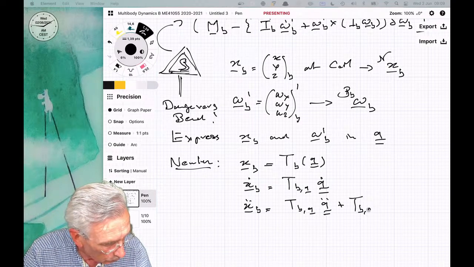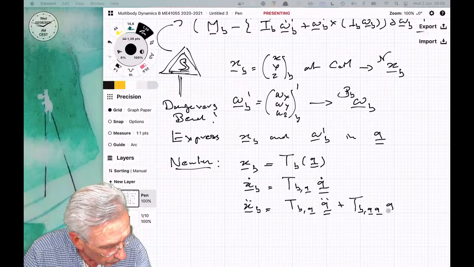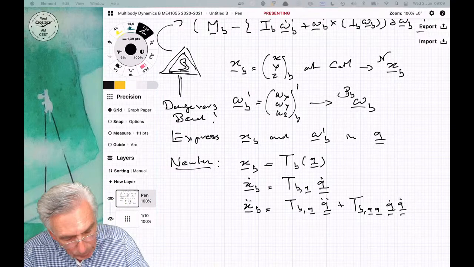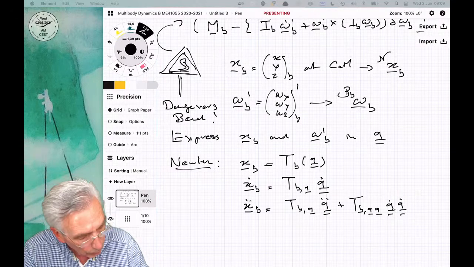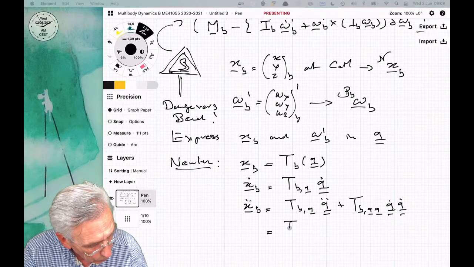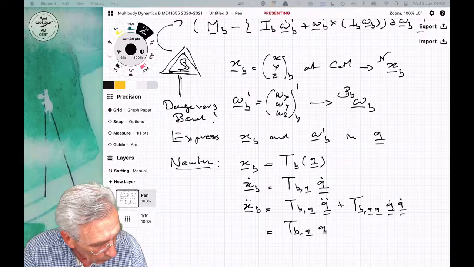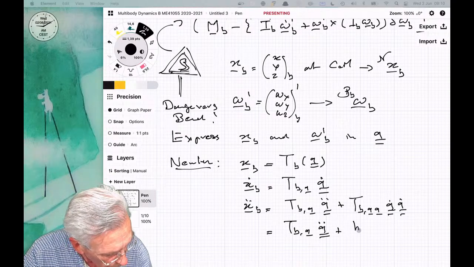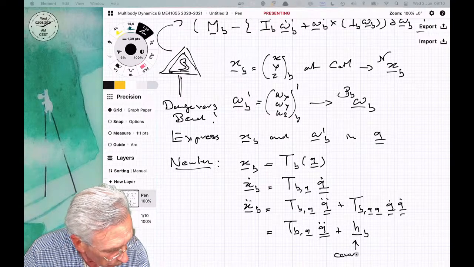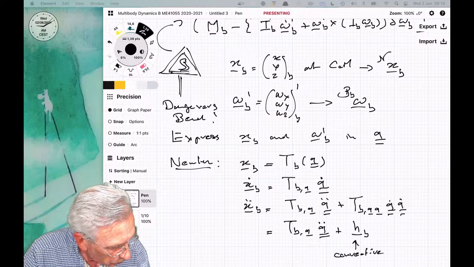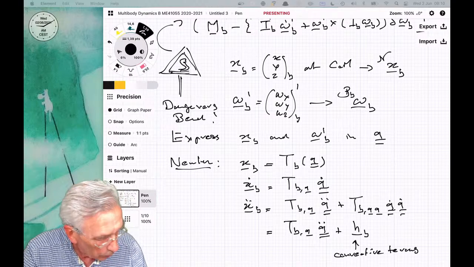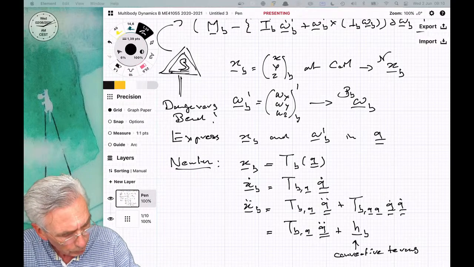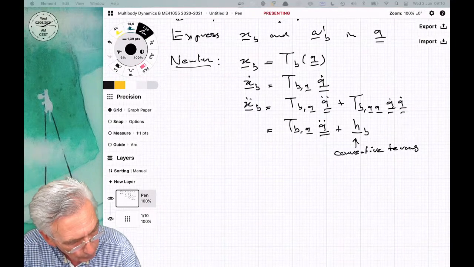And now the index notation really works, because we try to write that in a shorthand notation, tb q double dot plus convective terms, and I use the word h here, hb. The word convective comes, I think, from fluid dynamics or something like that.